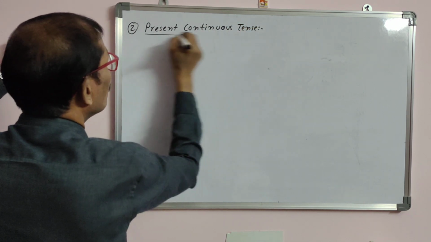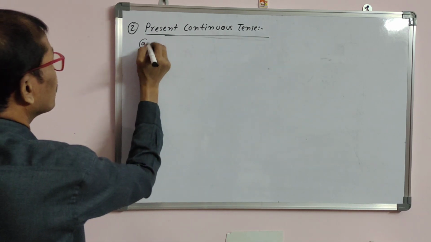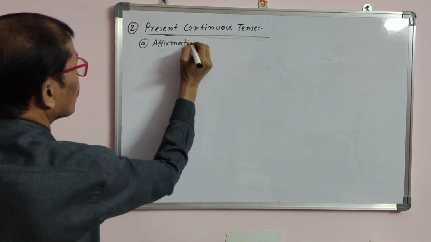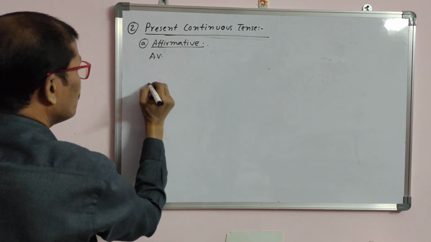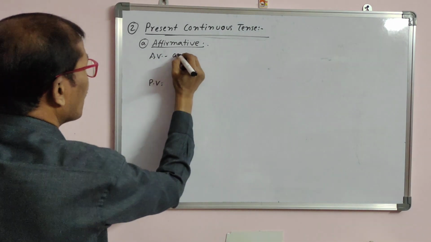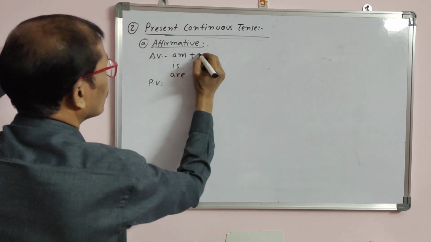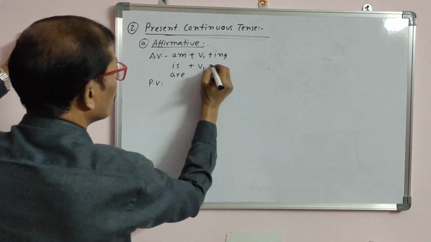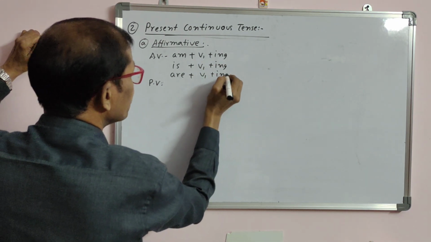Let us see how present continuous tense is in different forms. Affirmatives, for example, active voice and passive voice. In active voice: am, is, are plus V1 plus ing.